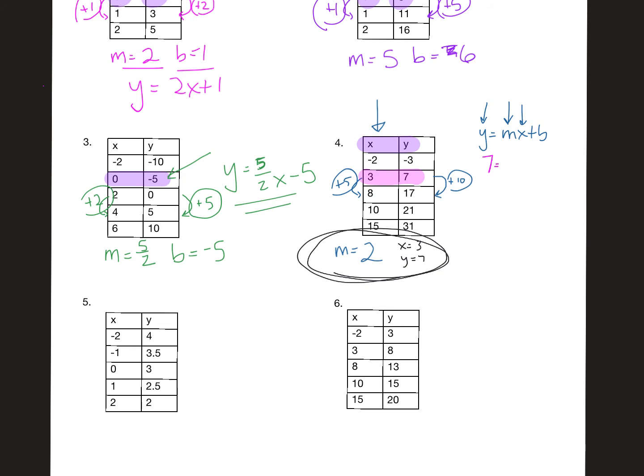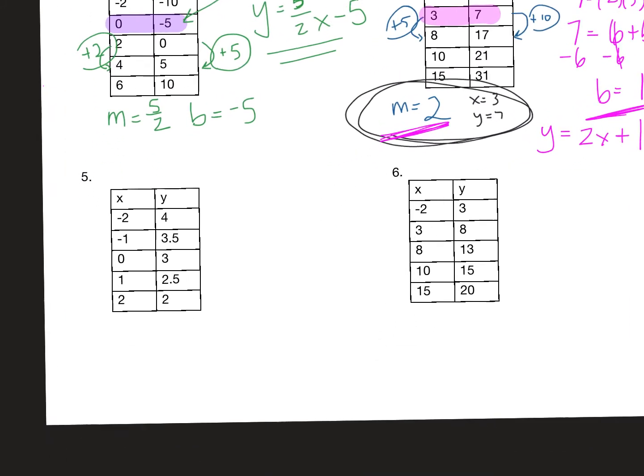The m that I figured out is 2. The x that I'm plugging in is 3, plus b. That means that 7 equals 6 plus b. If I subtract 6 from both sides, that means that b is 1. Once I know m and I know b, I have the equation. It is y equals mx plus b.